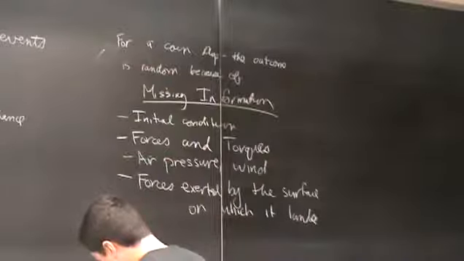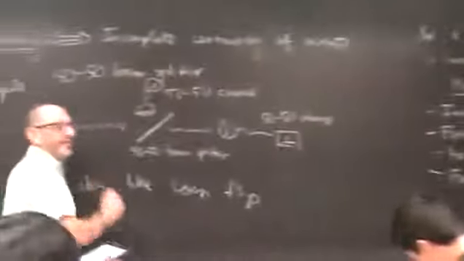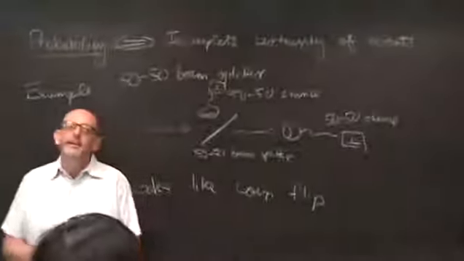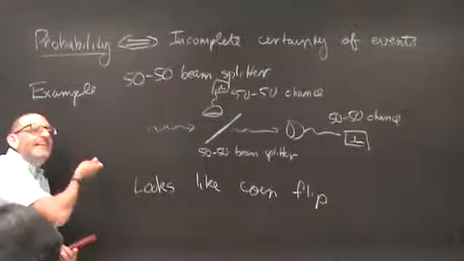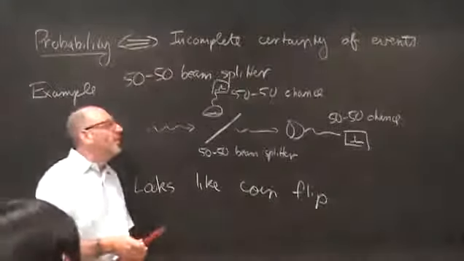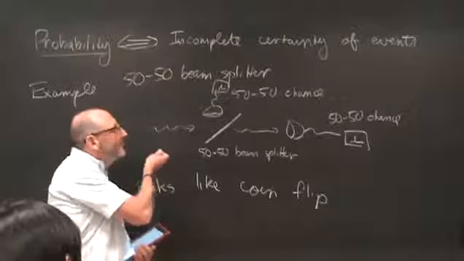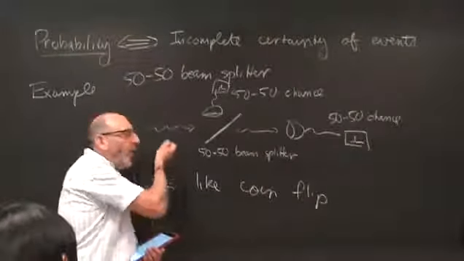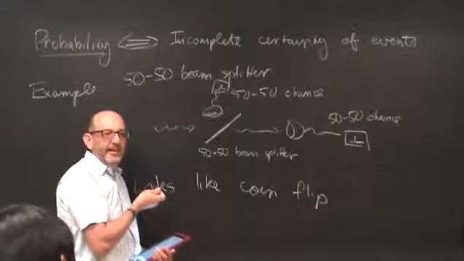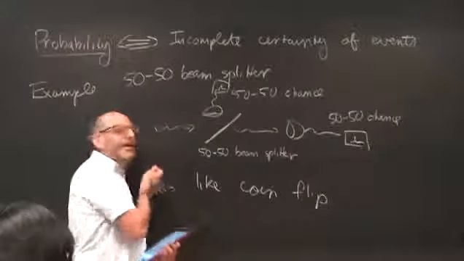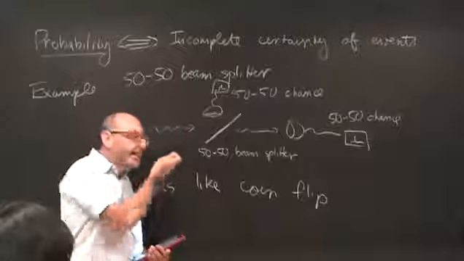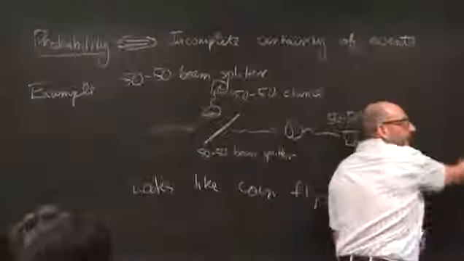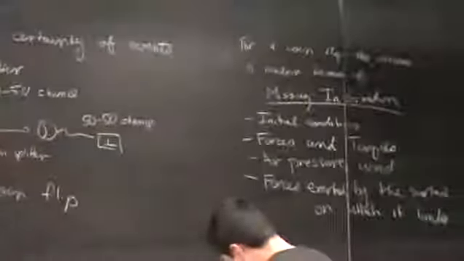That's not true about this. There's something fundamentally different here. In some sense, there's no information archive that, if we could just peer in, would tell us which thing is going to happen.